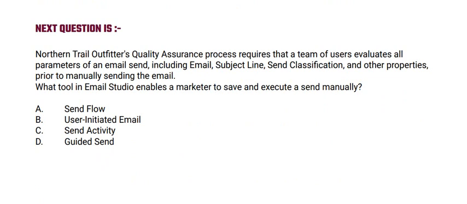What tool in Email Studio enables a marketer to save and execute to send manually? Options are option A, send flow. Option B, user initiated email. Option C, send activity. And option D, guided send.